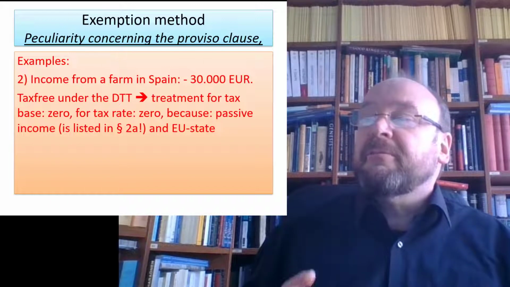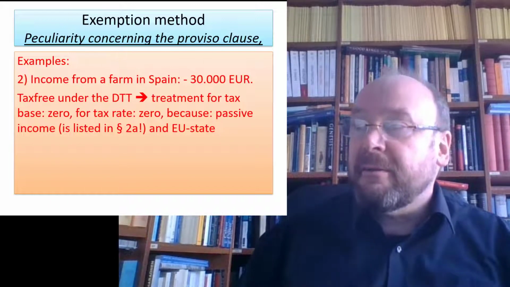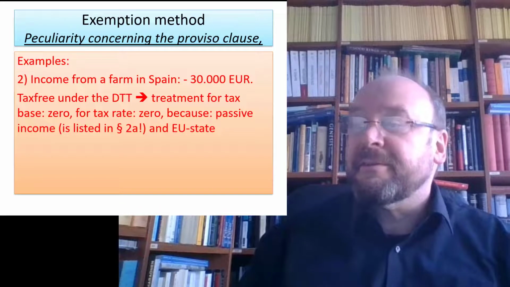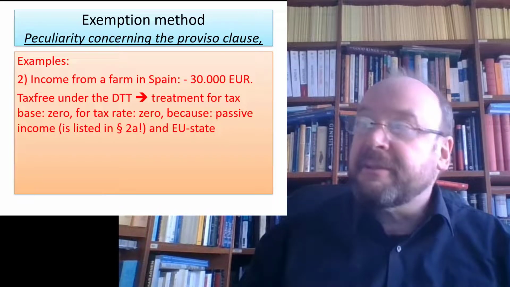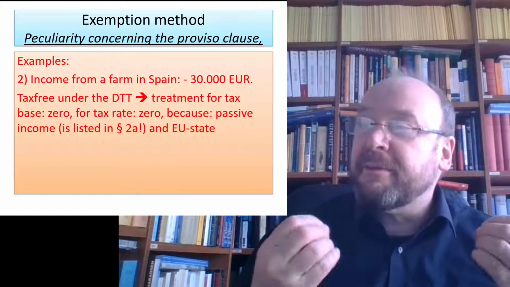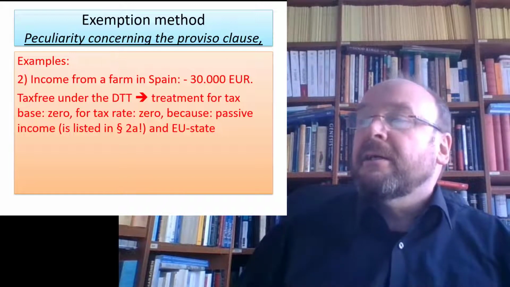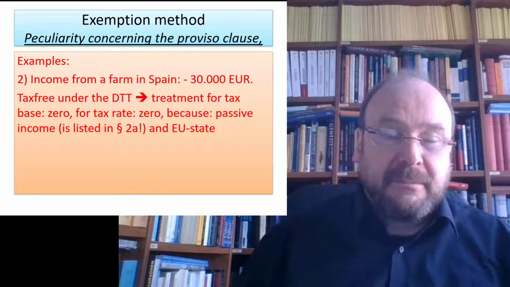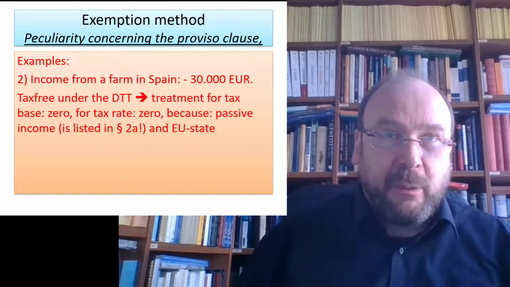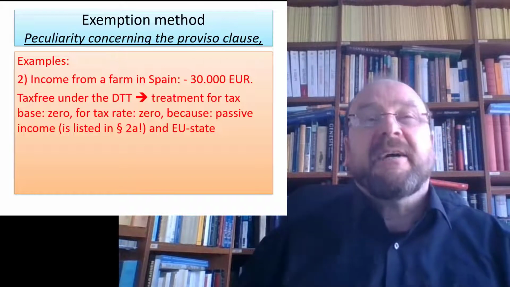Now you have an income from a farm in Spain, loss 30,000. It's tax-free under the double taxation treaty, but the treatment for the tax rate is again, it's a passive income. Also that is listed in 2A1. A farm is usually heavily subsidized.